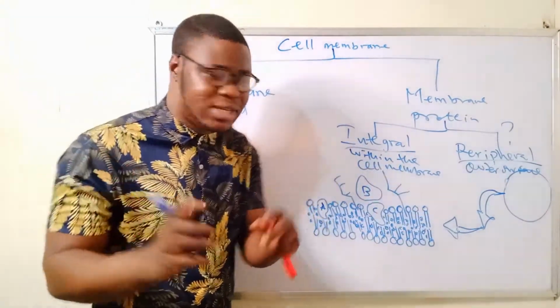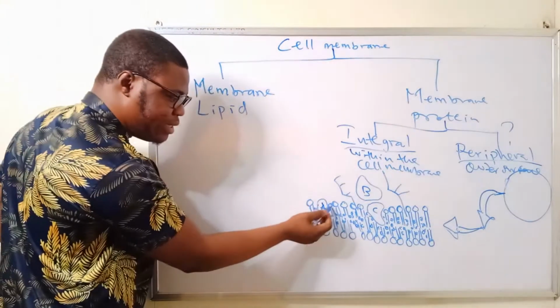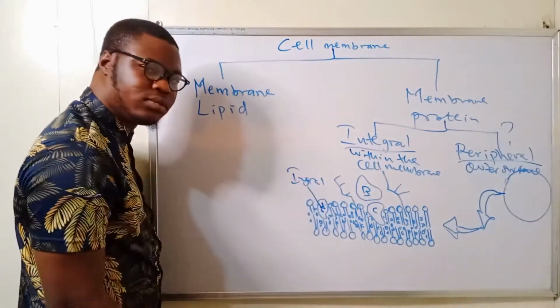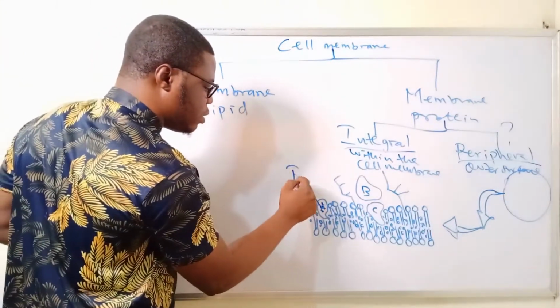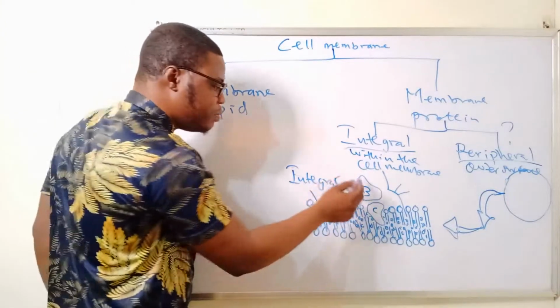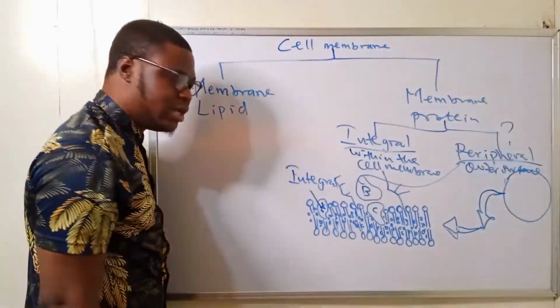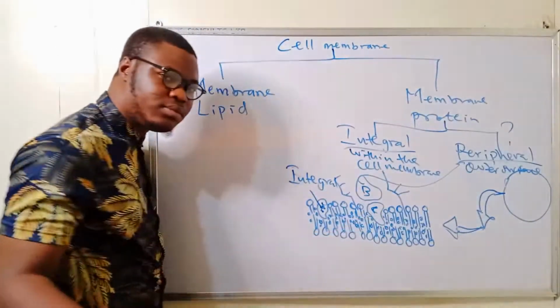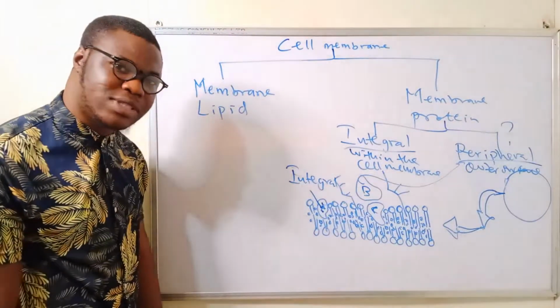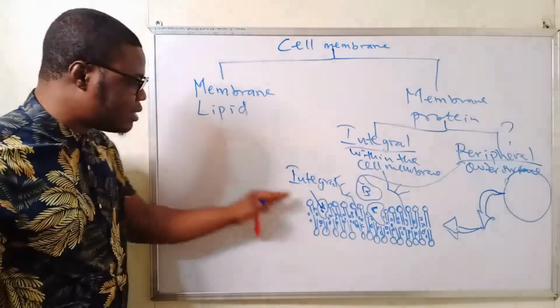So our A, found within the cell membrane, is going to be an integral protein. The B is found on the outer surface, so the B is going to be the peripheral protein. And the C is going to be an integral protein because it is found within the cell membrane. As simple as that.